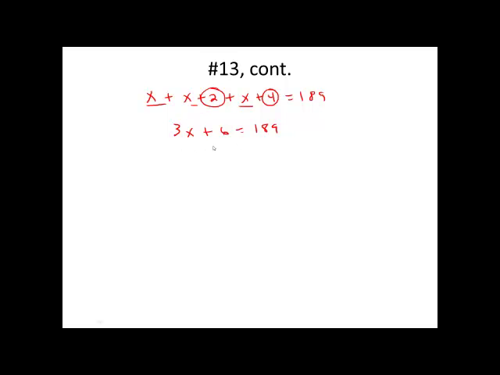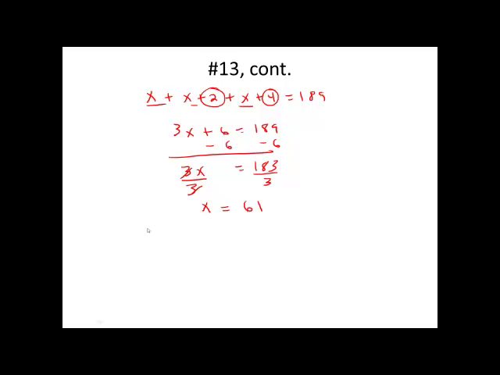Trying to isolate the x, so now we're going to take away 6 from each side. And we don't want 3 times x, we only want 1x, so let's divide both sides by 3. So the first number is 61.